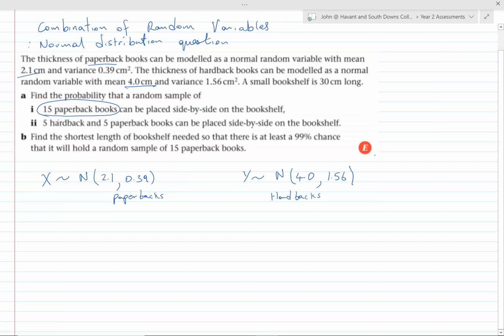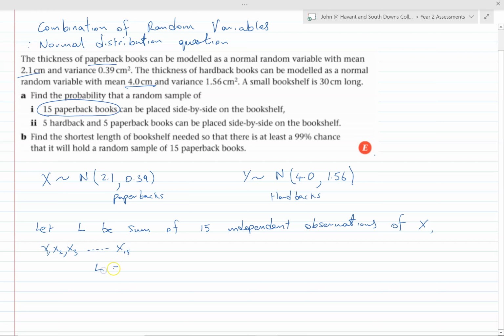Now this is the thing, we are talking about 15 independent observations of this distribution. So we could let L be the sum of 15 independent observations of X. So we'll call them X1, X2, X3 up to X15.